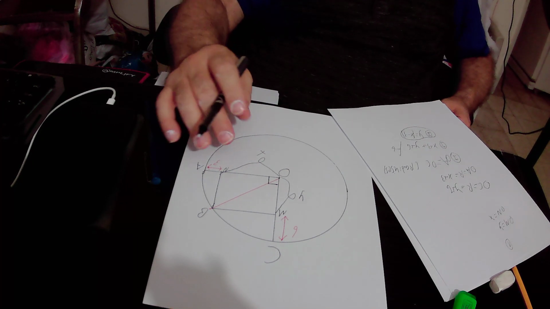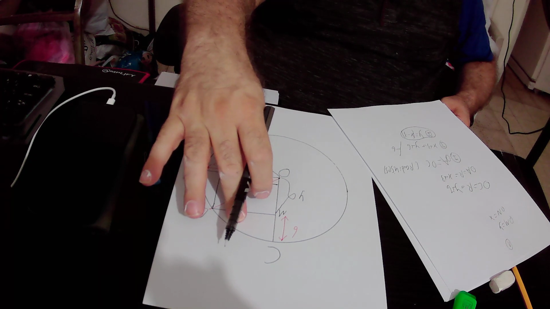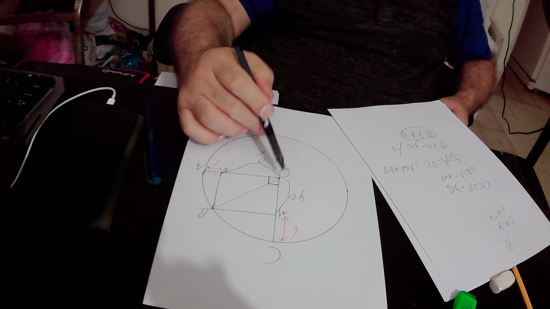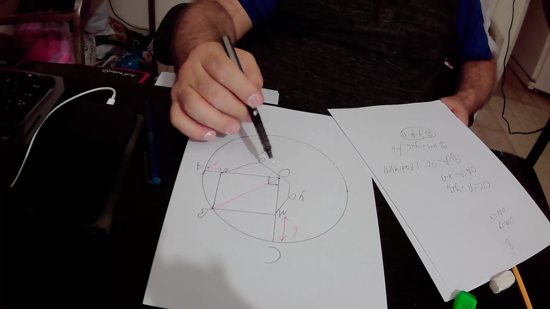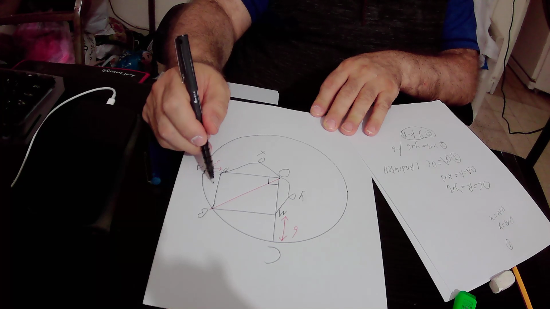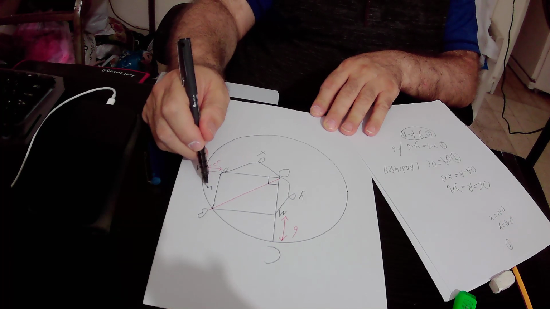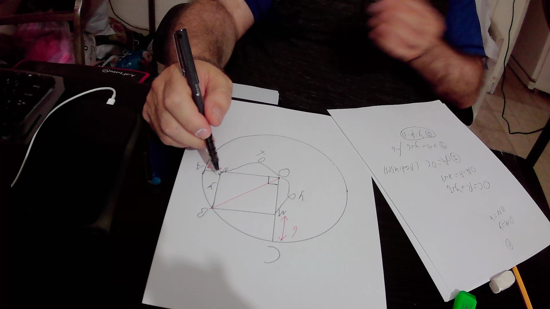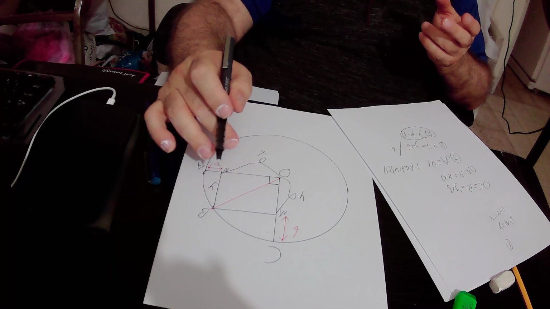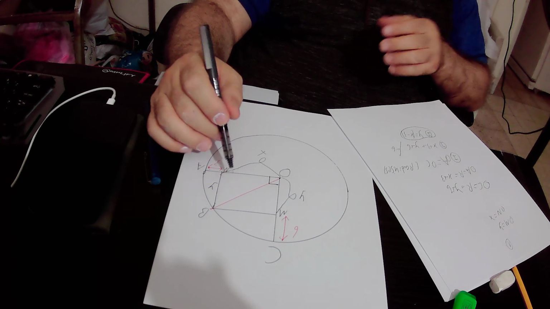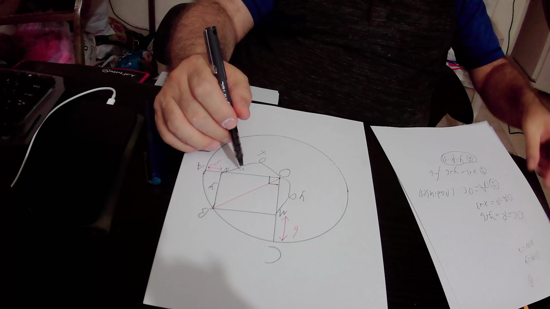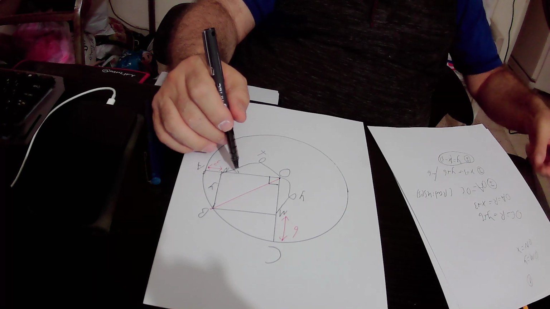Because this is a rectangle, if side OM of the rectangle is y, side OB is also y, because the parallel sides in a rectangle are equal to each other, and also all the angles in a rectangle are 90 degrees.